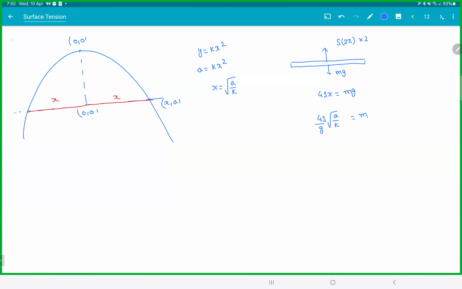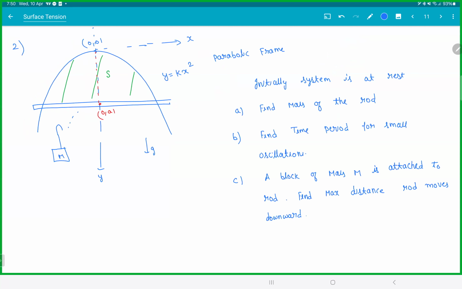Find the time period. You just need to find the length of the rod. Get me the time period for small oscillations. Here, this is the question.